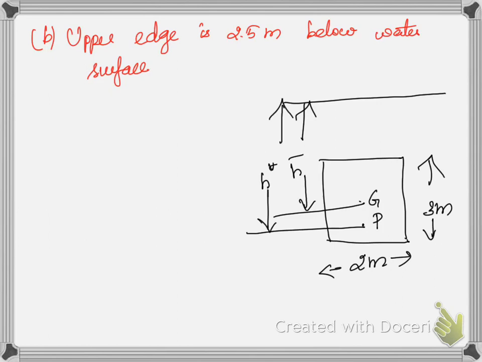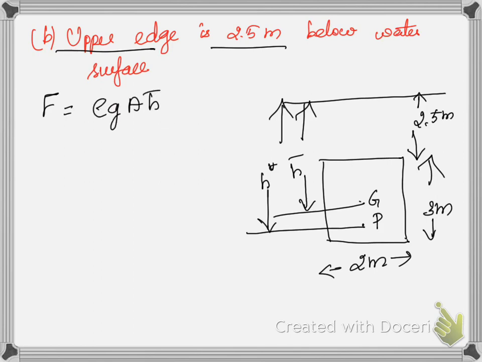This distance is 2.5 meter. This is what they have given, that the upper edge is 2.5 meter below the water surface. So with the same formula, total pressure force equals rho g A H bar. We know rho is 1000, g is 9.81, and A is 6 meter square.